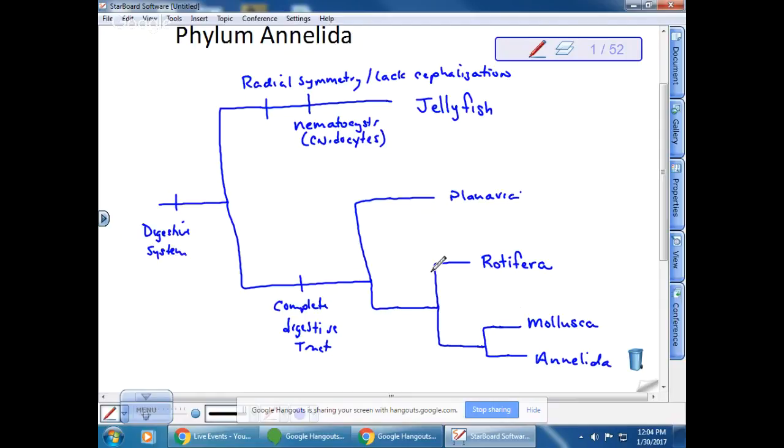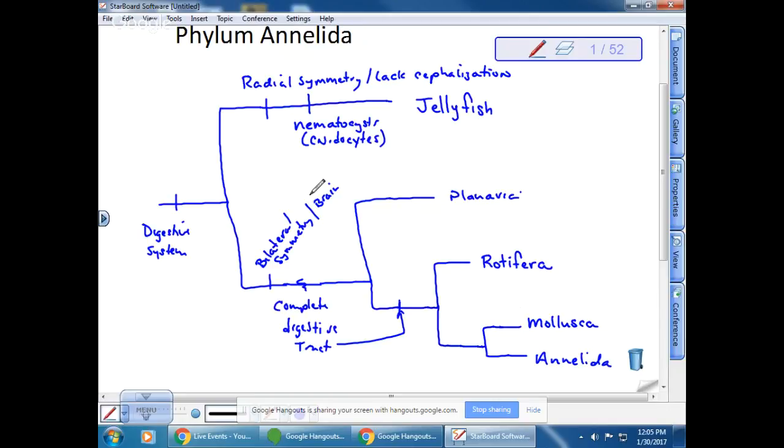Oh, wait a minute, I screwed that up. Sorry, I screwed that up. It should be right here. Cross that one out. Okay, I meant to put right here bilateral symmetry. So these guys have a brain, right? So they all have bilateral symmetry. Sorry about that. The complete digestive tract would distinguish the planaria from the other ones.